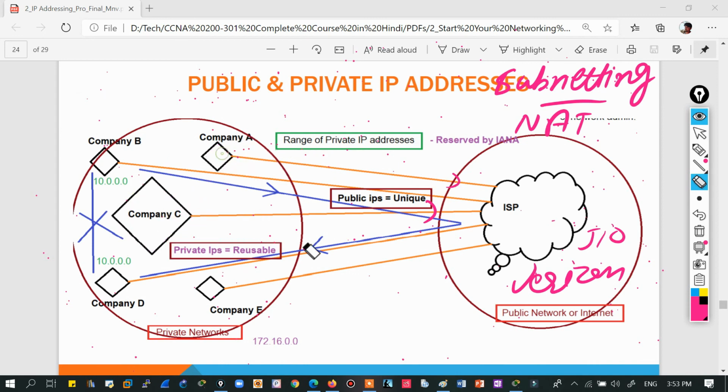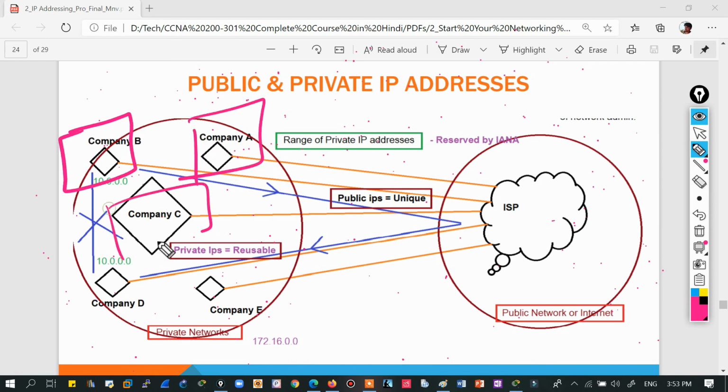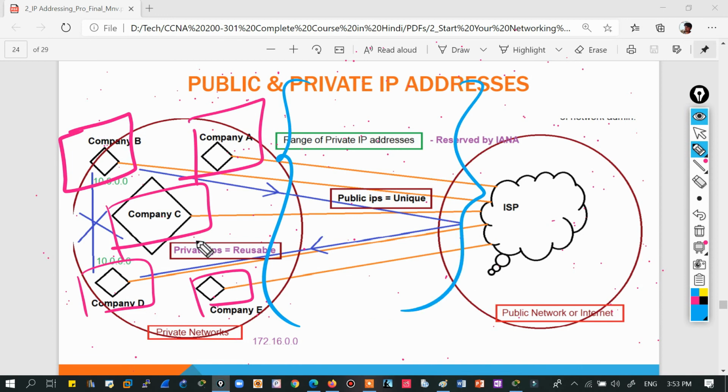So what we are doing at this place is saying, boss, this is your own company, right? These are private companies, and this is your public network. This is the public network. So IANA came up with the concept of private and public IP addresses.